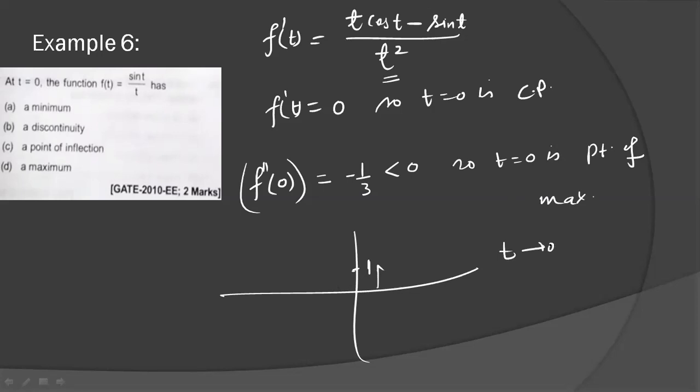As t approaches 0, f(t) approaches 1. And this is the maximum value of sine t by t. So if you draw the graph of this function, it looks like this, and the maximum value is 1. You can see it graphically also.